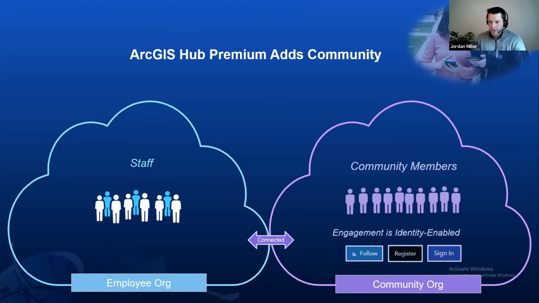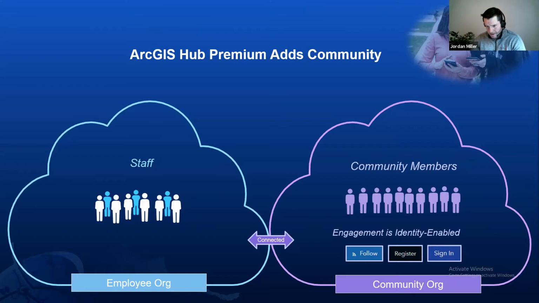Now, there are a couple of different ways a community member can sign up. You can add them manually if you have a short list of people you want to get involved in the community account. They can register or follow as well.